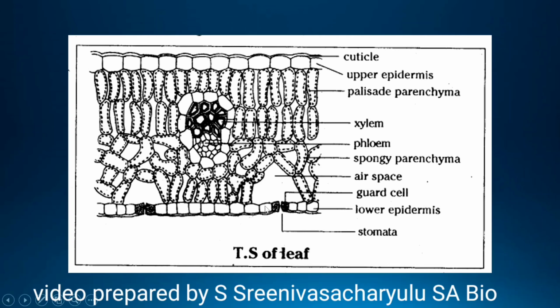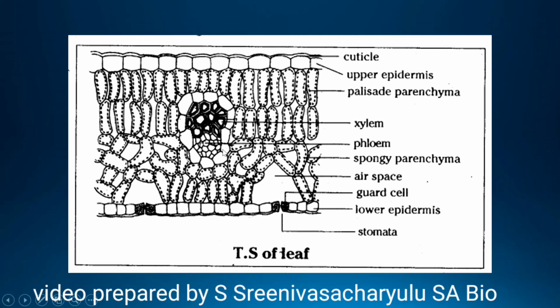On the lower epidermis, there are pores or openings called stomata. These stomata are surrounded by two guard cells. The stomata are meant for gaseous exchange and transpiration.